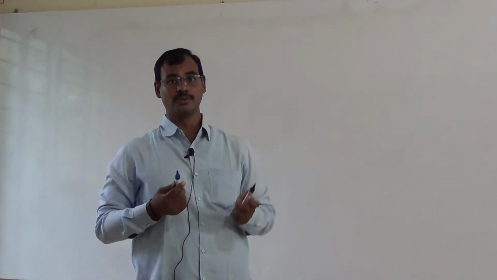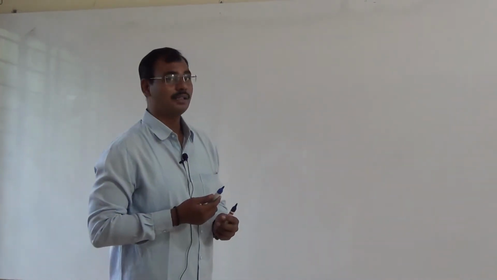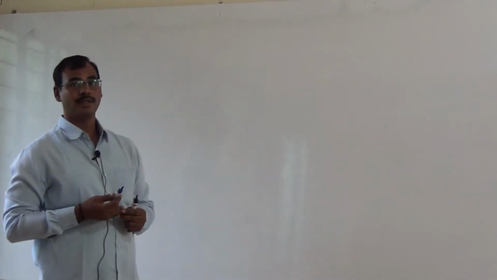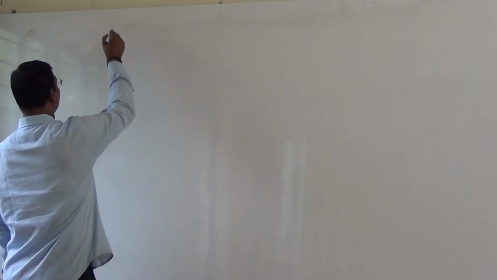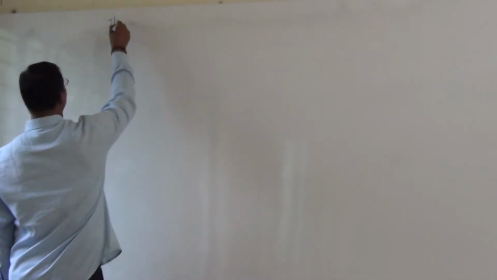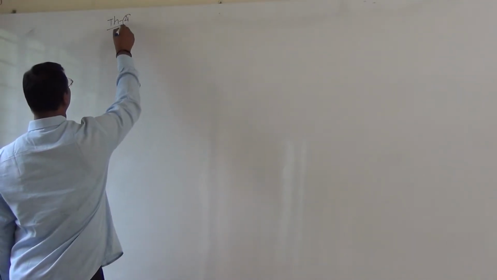Today we are going to theorem number 4, that is, derive the condition for coplanarity of two lines. This theorem is very important, all of you go through this one, theorem number 4.